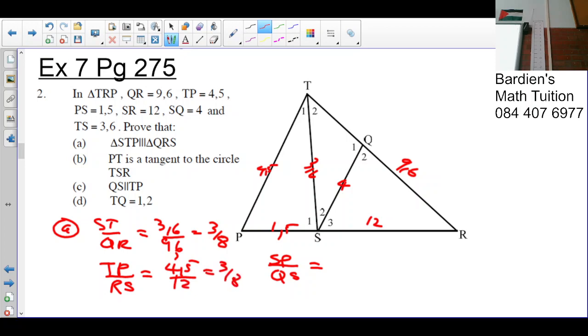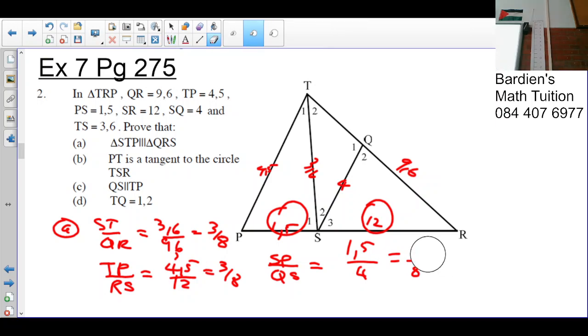Not so? Then we say SP, oh, it's 1.5 over QS 4, which is 3 over 8. You all okay with that?